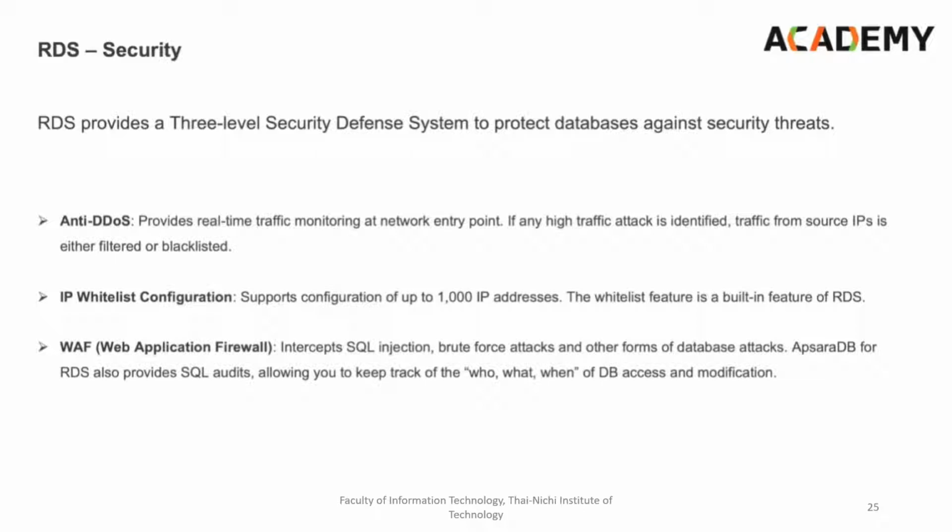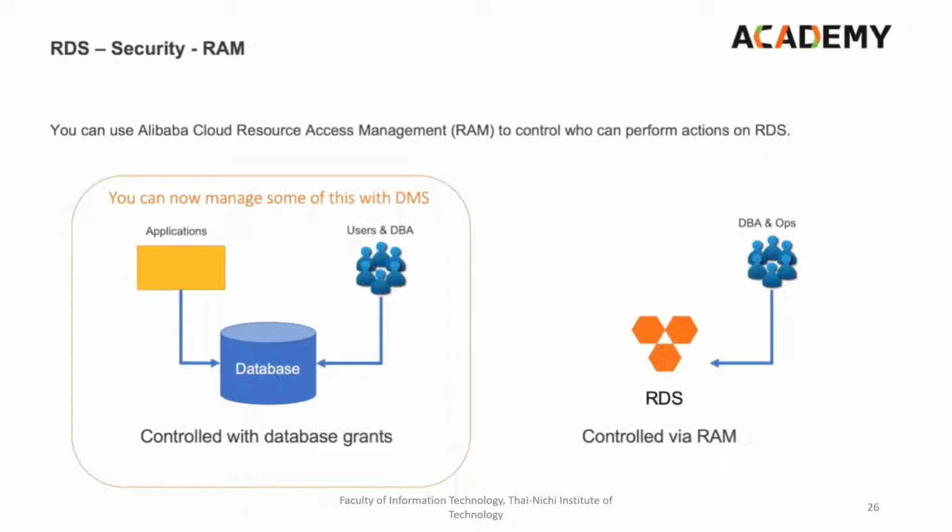Apsara DB for RDS also provides SQL audits, allowing you to keep track of who, what, and when of DB access and modifications. So these are the major types of security threats handled by the relational data service of Alibaba Cloud. And then we have this RDS security for RAM, that is the resource access management users.